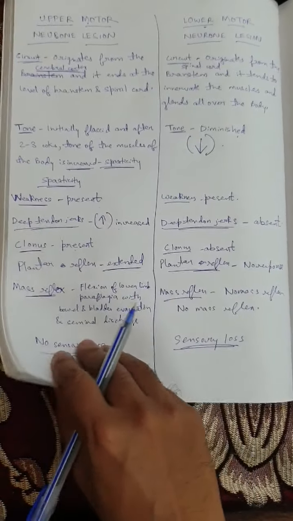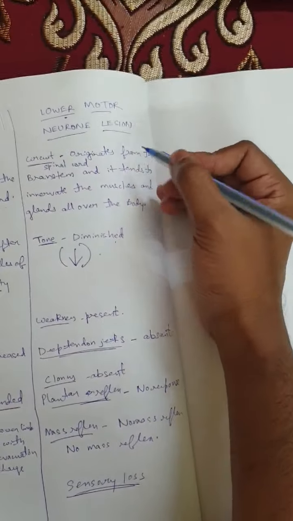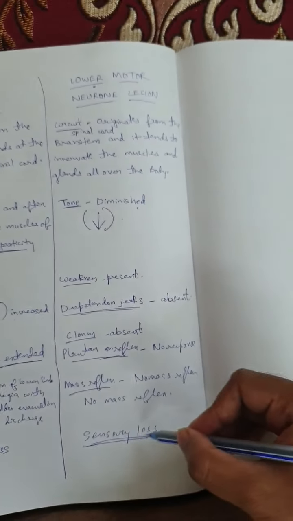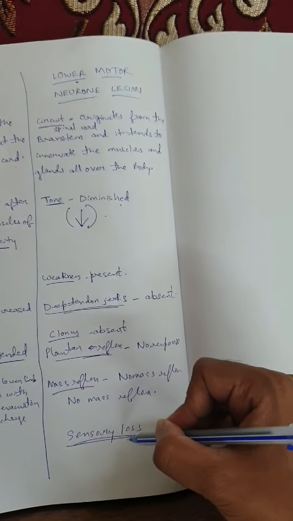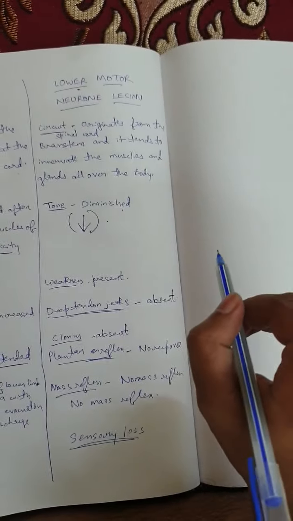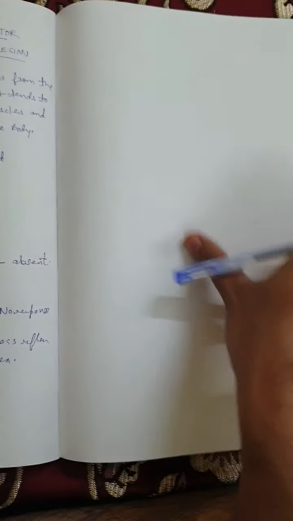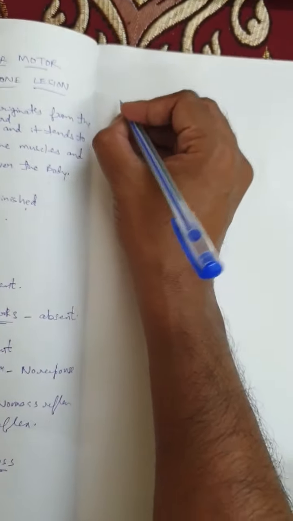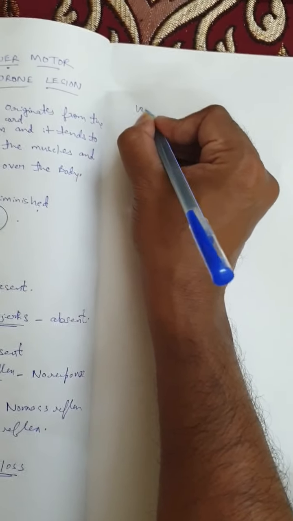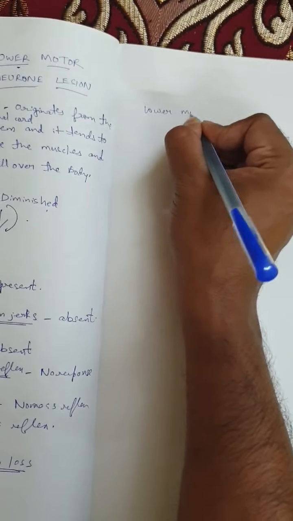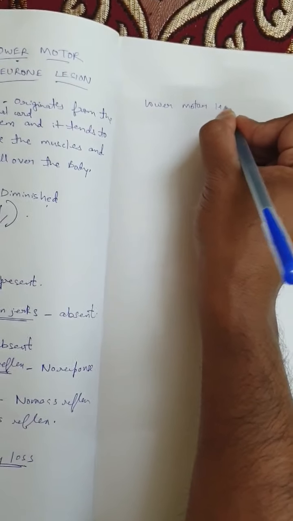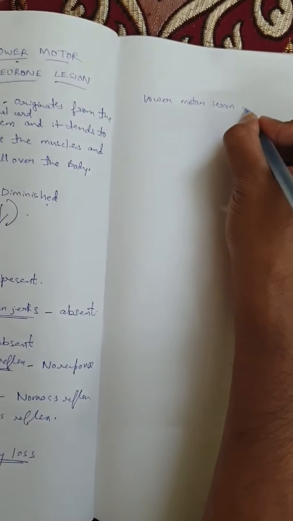Now there's a special case. We know that in lower motor lesion there is sensory loss, but there is one exception. I want you to know that, Dr. Samiksha. What's that exception? Lower motor lesion without sensory loss.